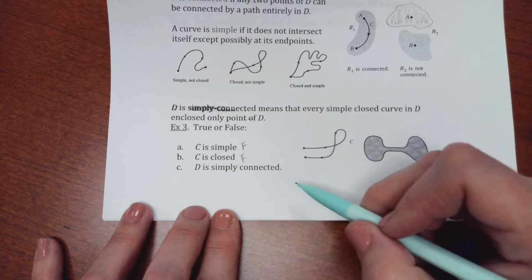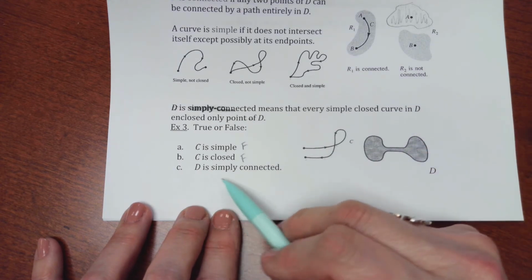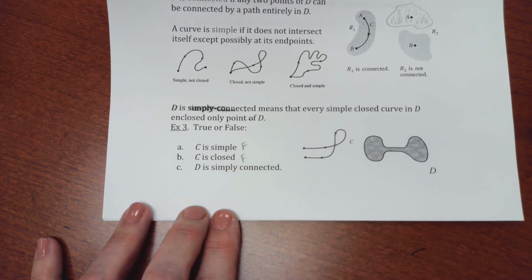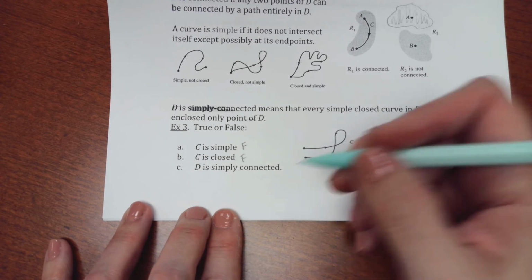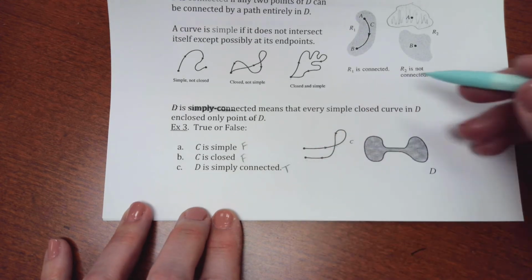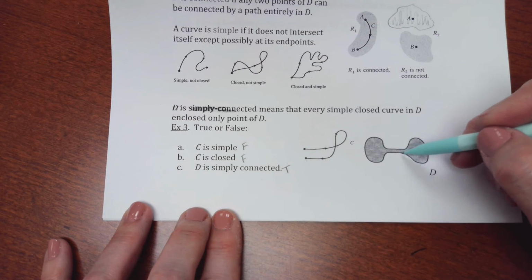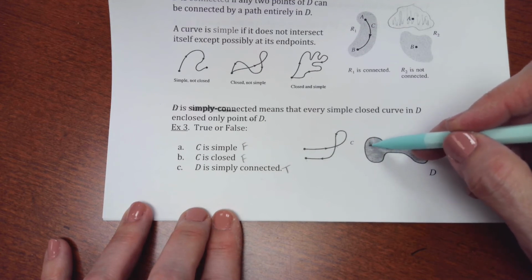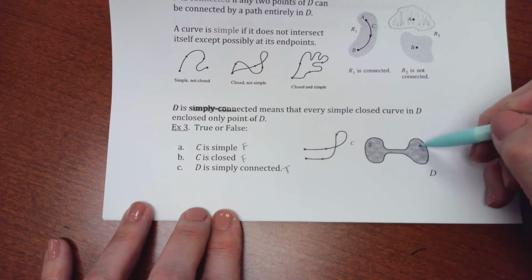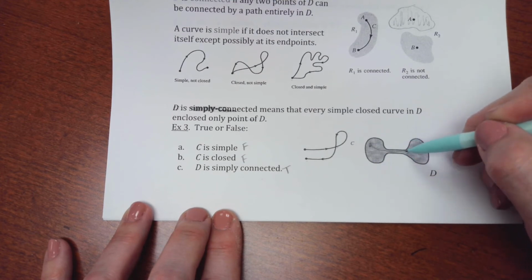All right, letter C. D is simply connected. True or false? All right, true. It is connected because for any place in this shaded little barbell, if I pick a point here, I can go to any other place in the barbell and I do not have to leave the barbell.